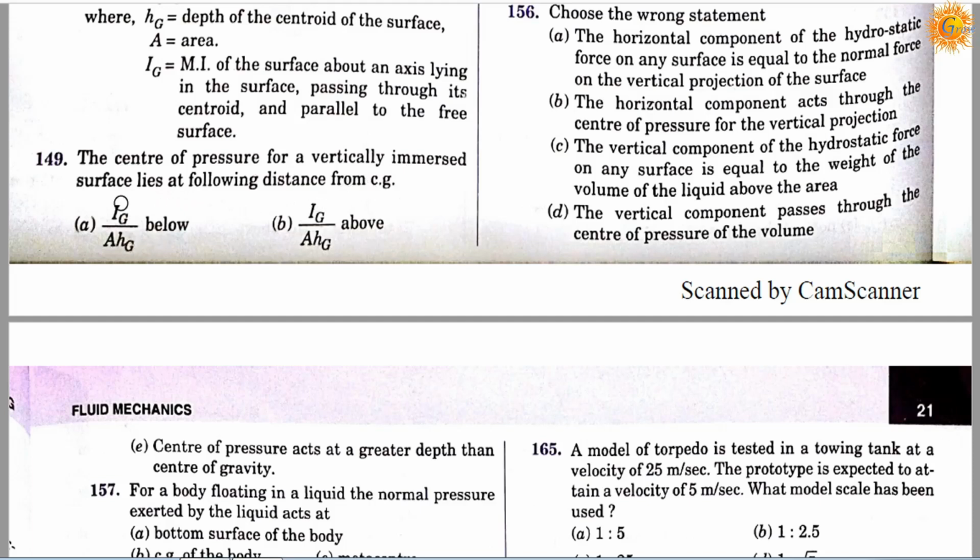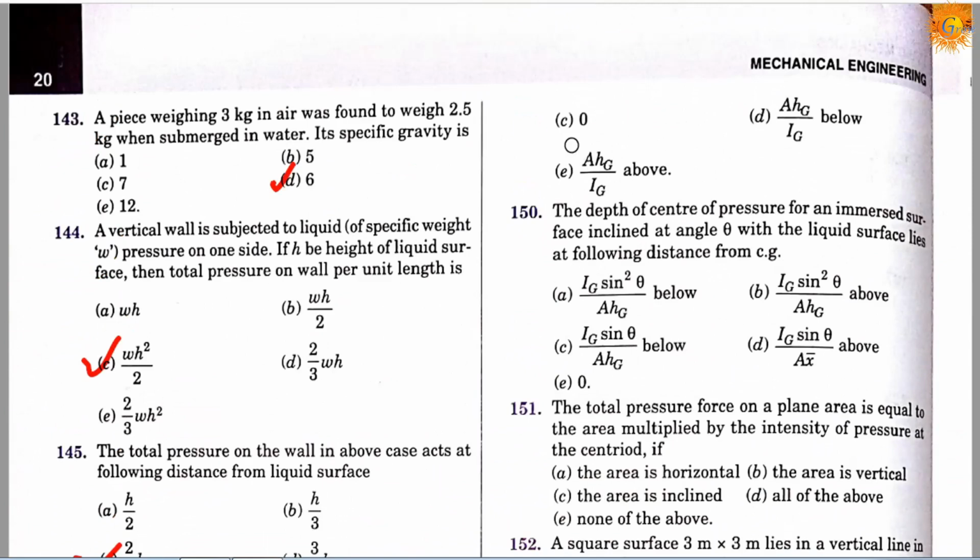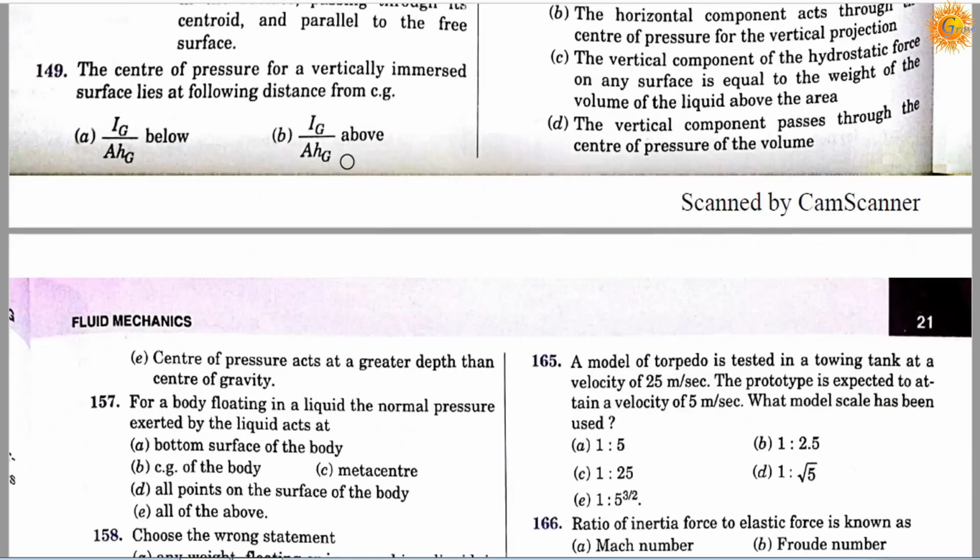Option A is Ig upon Ahg below, option B is Ig upon Ahg above, option C is 0, option D is Ahg upon Ig below, and option E is Ahg upon Ig above. So the correct answer is A. Answer A means Ig upon Ahg below.